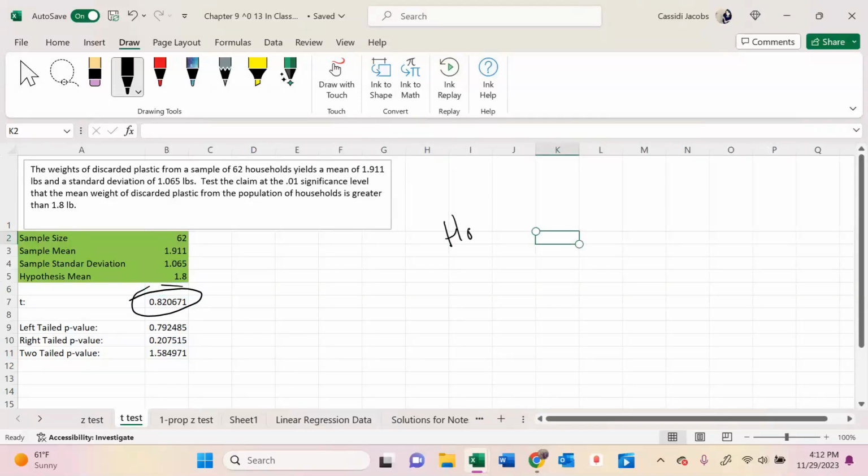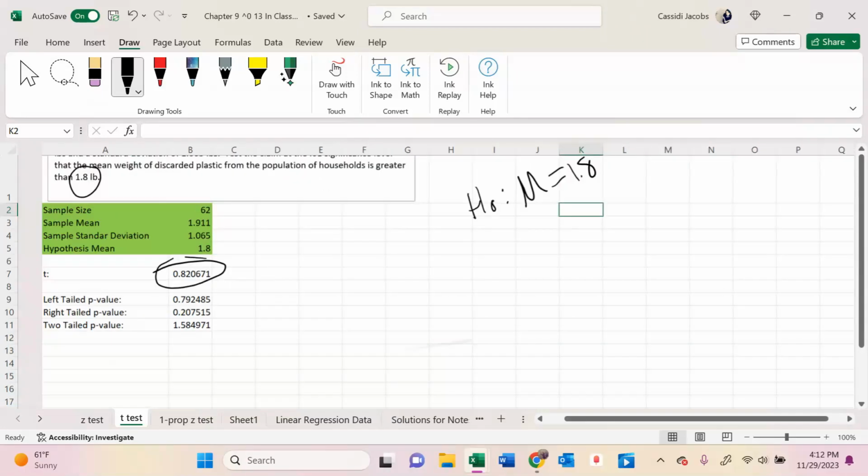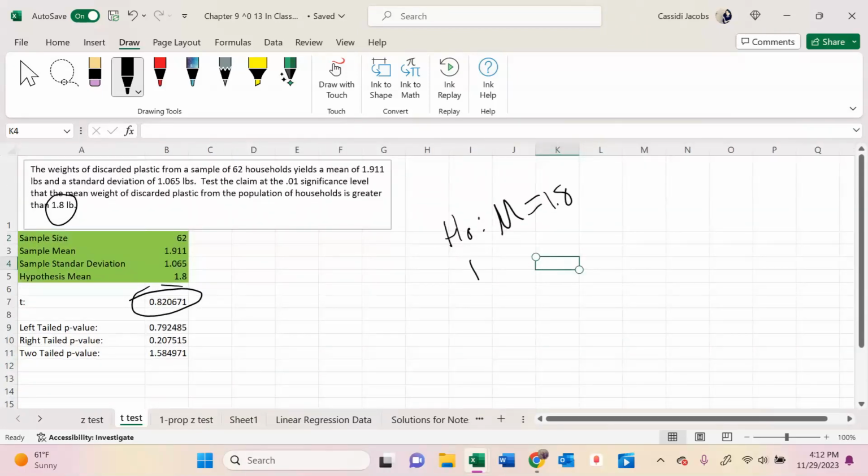In your step 1, your null hypothesis is that your mean is equal to this mean here, 1.8. Your alternative hypothesis is that your mean is greater than 1.8. So in step 2, because you're doing greater than here, it is going to be right-tailed.